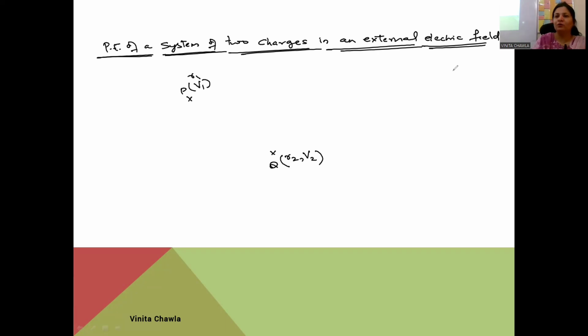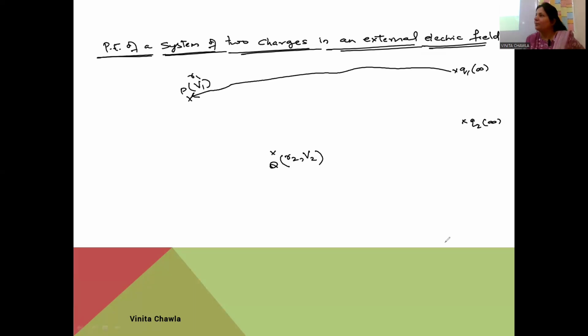Now we have two charges here, charge Q1 and charge Q2. Both are located at infinity. First we will move charge Q1 to point P. Then what is the work done by the charge?